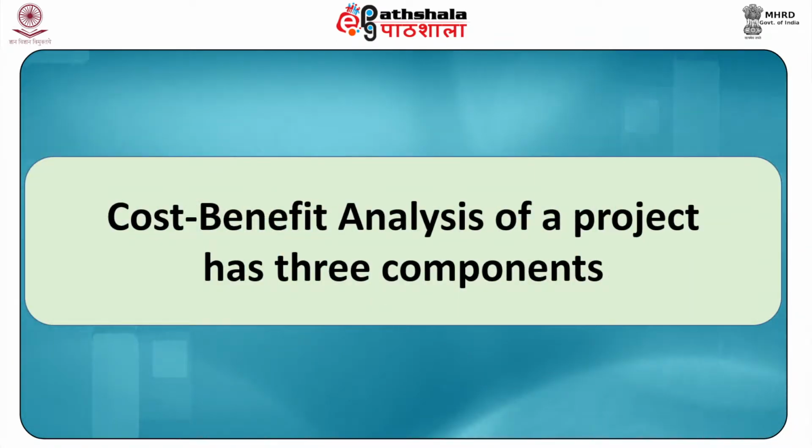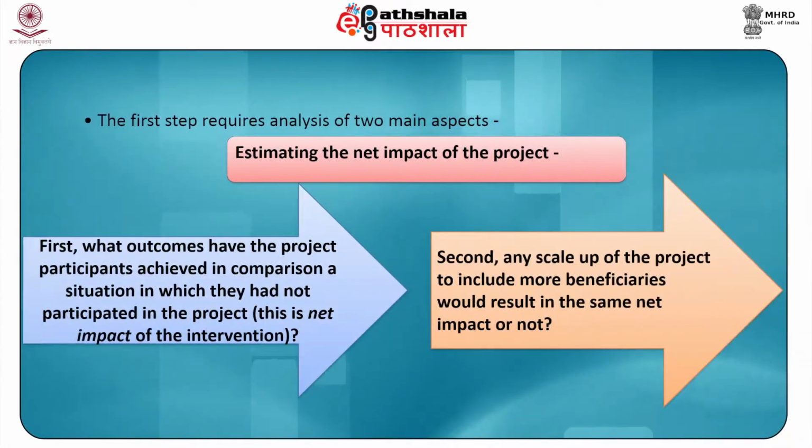Cost benefit analysis of a project has three components. One, estimating the net impact of the project. The first step requires analysis of two main aspects. First, what outcomes have the project participants achieved in comparison to a situation in which they had not participated in the project, that is, the net impact of the intervention.